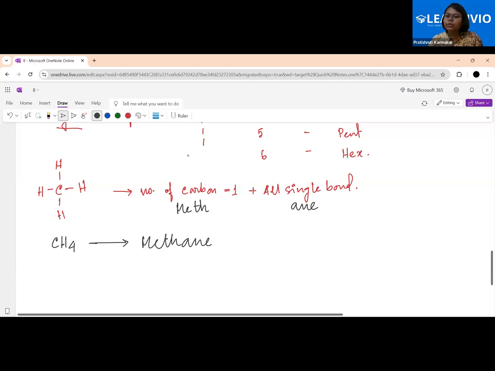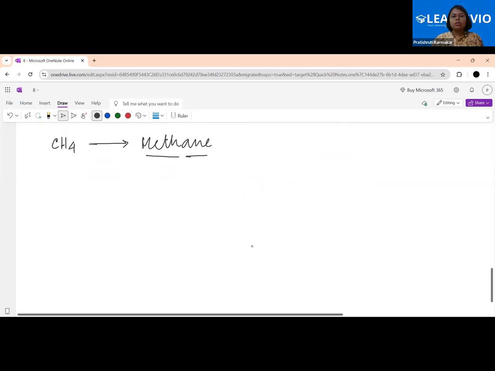Okay. So do you understand the source of the nomenclature, right? Is this clear? Yes, ma'am. Okay. So now I will draw three compounds. One I will tell you the name, and the other two, Neha and Fatima will tell me. Okay, let me draw the compounds.